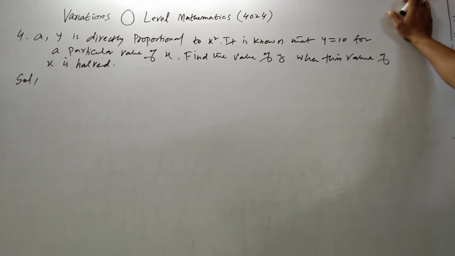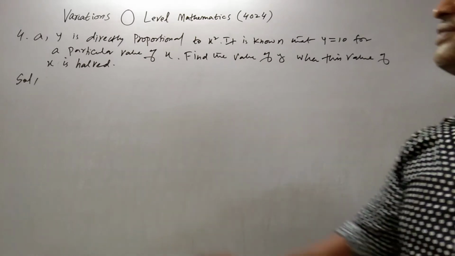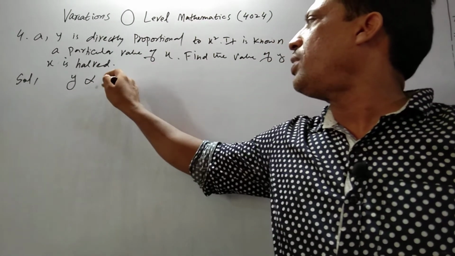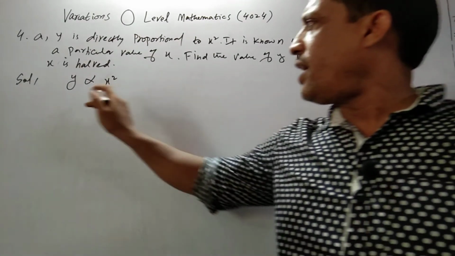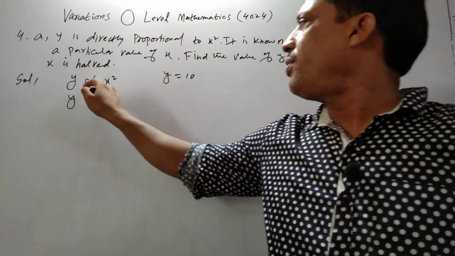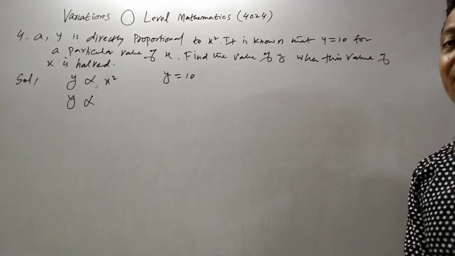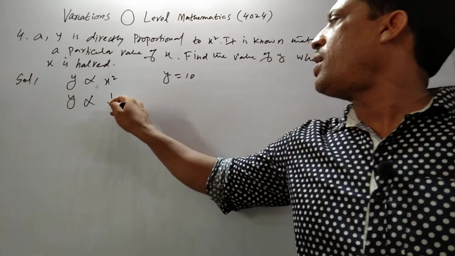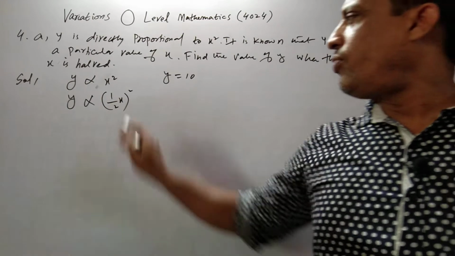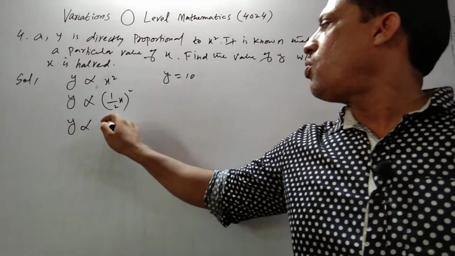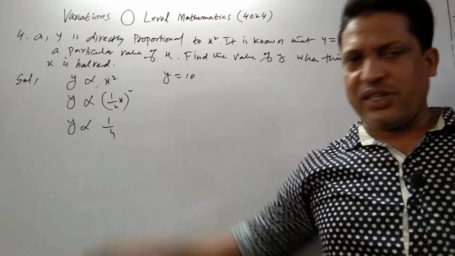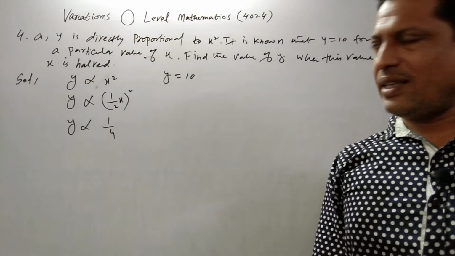Very easy. You know the relation is y is proportional to x square. So see carefully, the value of y is 10. If the value of x is half, means 1 upon 2, then 1 upon 2 squared means 1 upon 4. So for this situation, there is the inverse relation.